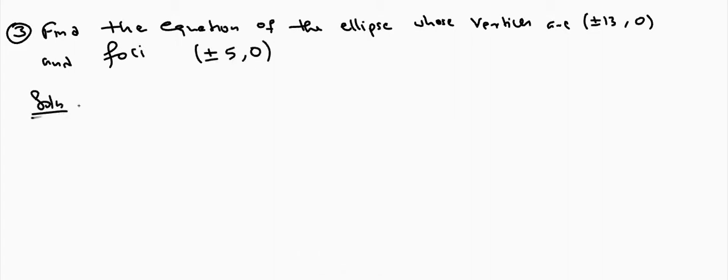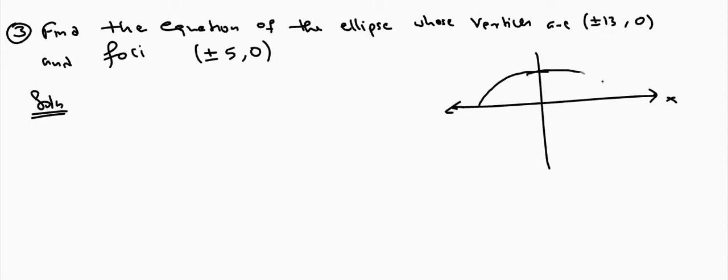Solution: here the vertices and foci are given. Since the foci lie on the x-axis, the x-axis itself is the major axis. The foci are minus 5, 0 and plus 5, 0, and the vertices are minus 13, 0 and 13, 0.